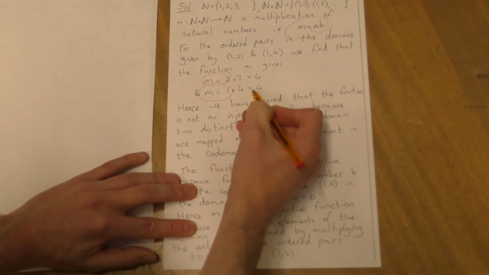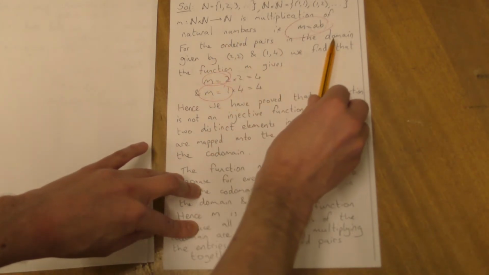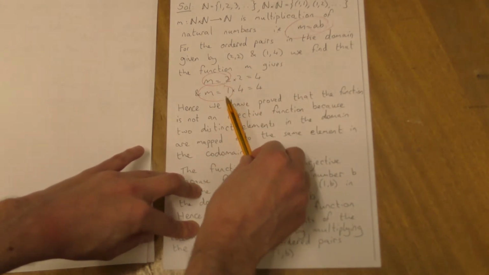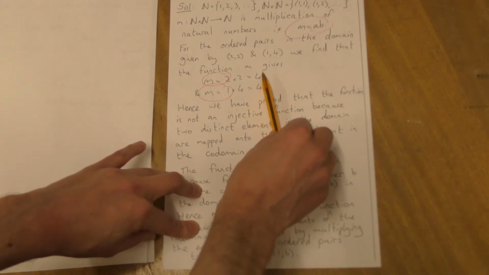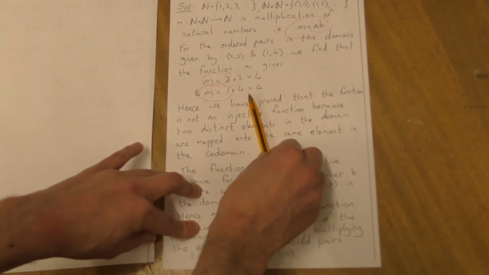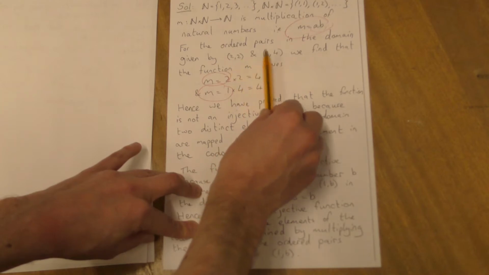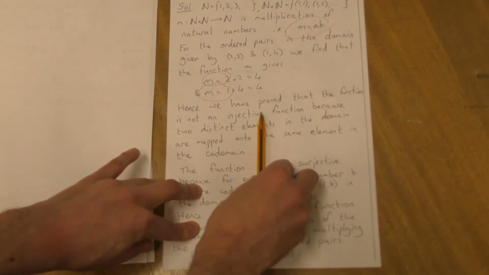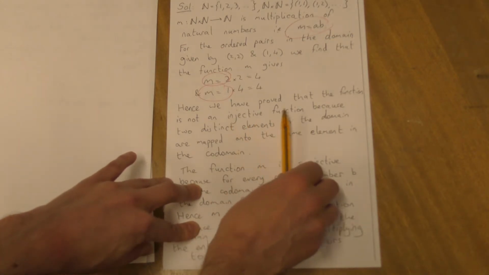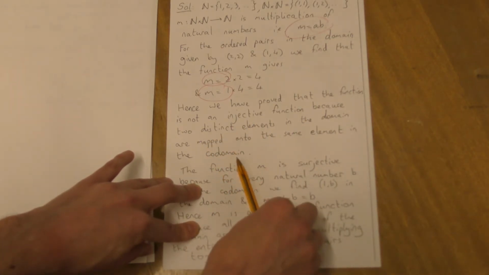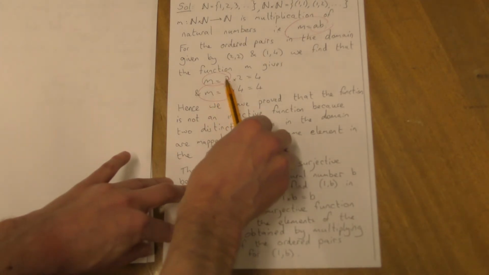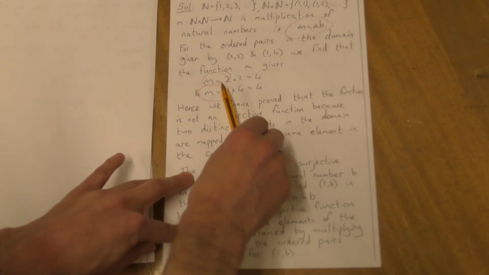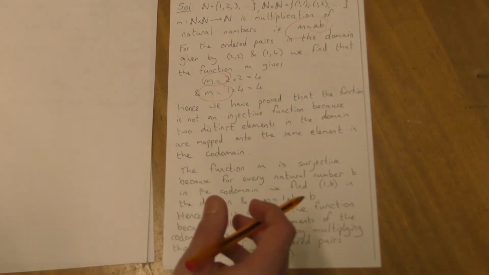That's simply not right. Even though the explanation indicates that whoever wrote this probably understood that the function was not injective because these get mapped onto the same elements, and the correct conclusion is drawn and explained, the way this is laid out illustrates a fundamental misunderstanding of this notation.